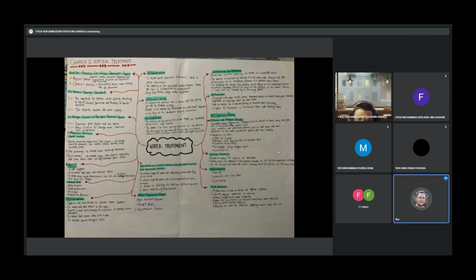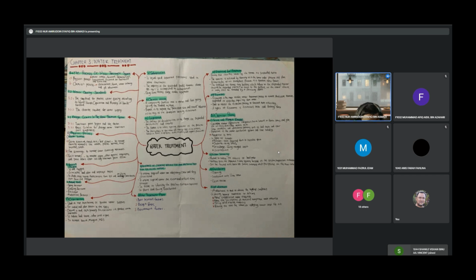Besarkan. Ya. Ini adalah chapter 3 di mana mempunyai 3 tajuk utama iaitu the process of water treatment system yang mempunyai physical process dan chemical process. Seterusnya water quality standard mempunyai tajuk kecil iaitu the standard for potable water quality according to World Health Organization and Ministry of Health standard, dan the chlorine residue for water supply.